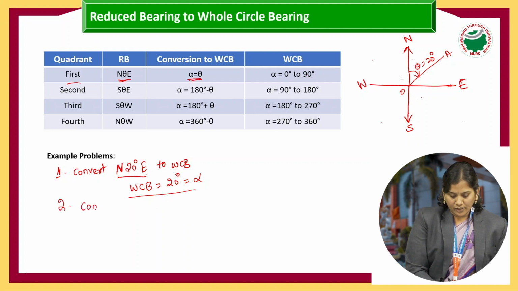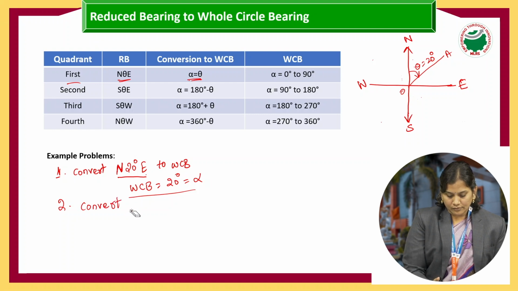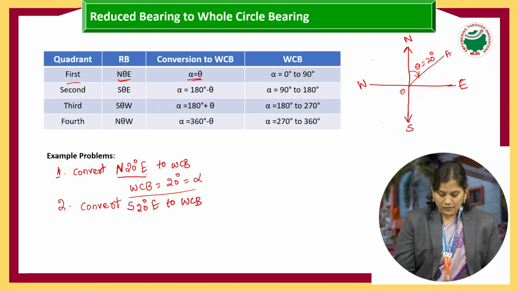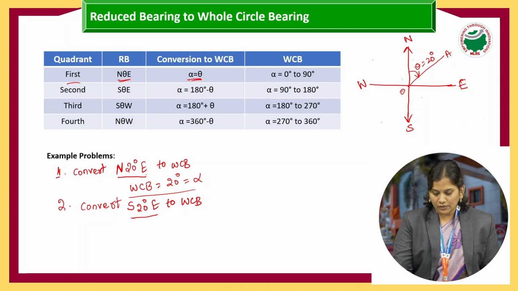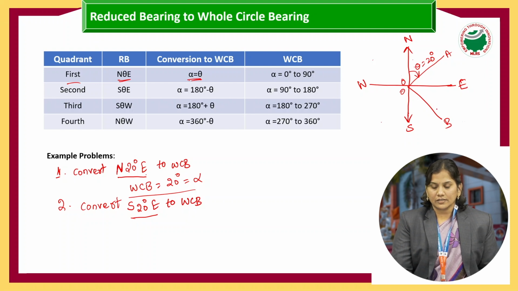And the second one: convert south 20 degrees east to whole circle bearing. How are you going to convert? The reduced bearing is south towards east, so our survey line is in the second quadrant.